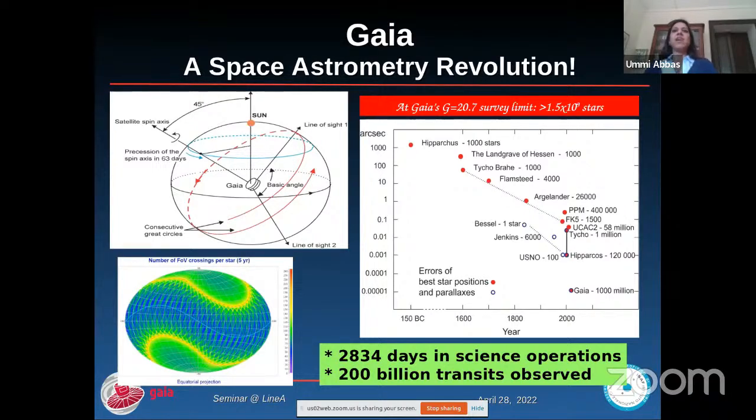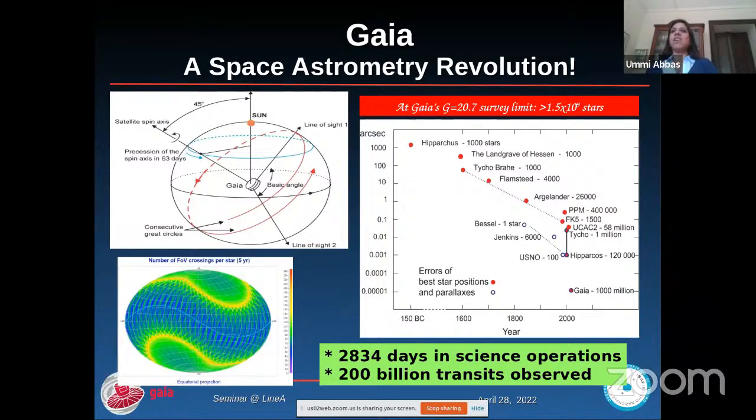Essentially, it is expected to have about 80 average crossings per star over the 5 years. This depends on the cadence, so which area of the sky you look at. If you're along the nodes, you have higher cadence observations, and if you're away from the nodes, you have low cadence observations.